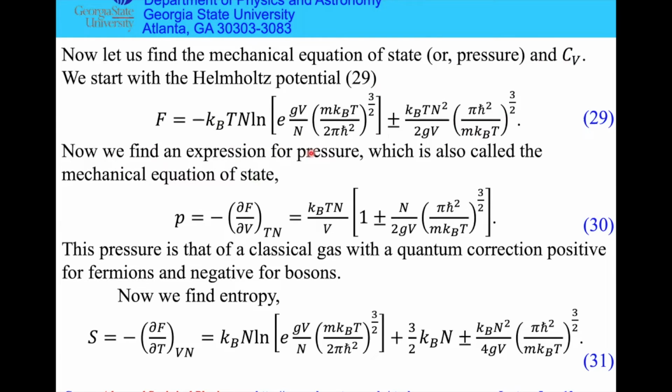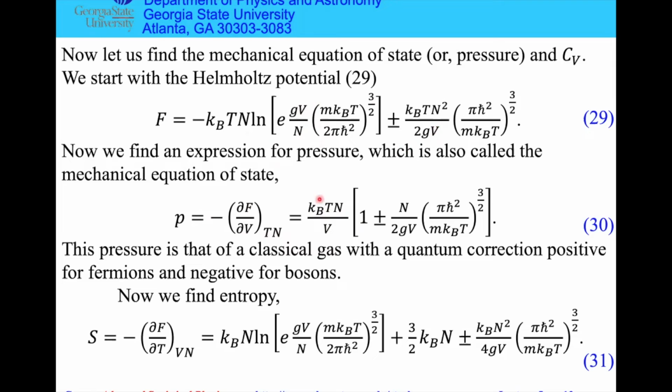Let's find the expression for pressure. This expression also is called the mechanical equation of state. So P, pressure, is equal to minus dF over dV at constant T and N. So start differentiating this over V. V, in the first term, is only here. So it gives me simply 1 over V. I'm getting kBTN divided by V. This is this term. Now going to this term. Now V is here, so it gives me V squared in the denominator.